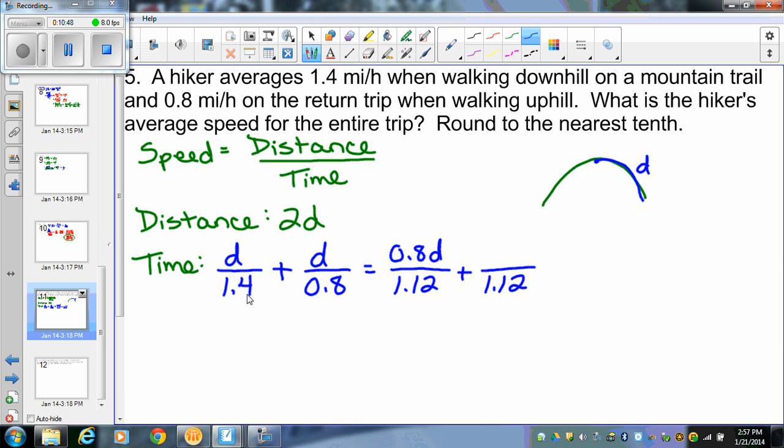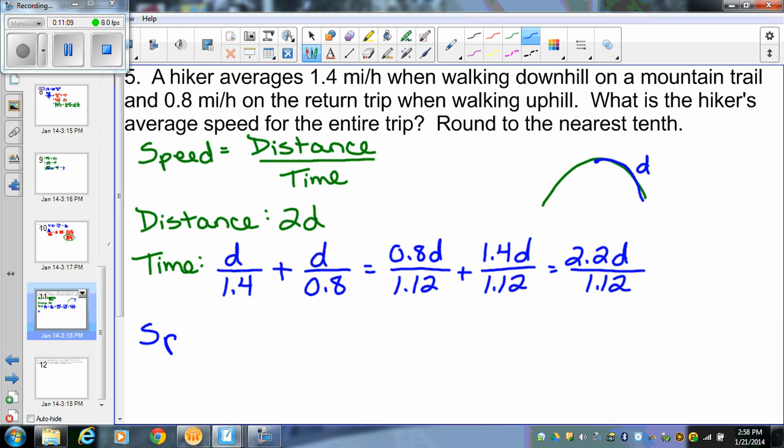The second fraction needs to be multiplied by 1.4, becoming 1.4d. Altogether, that becomes 2.2d over 1.12.